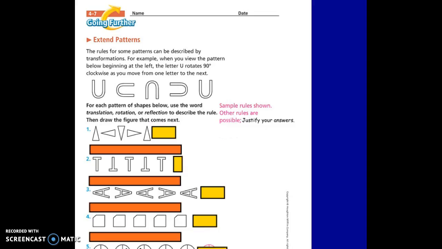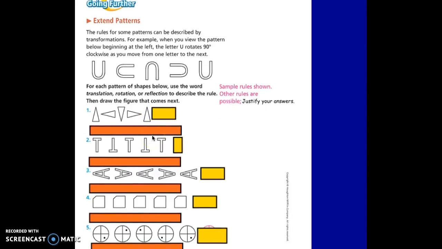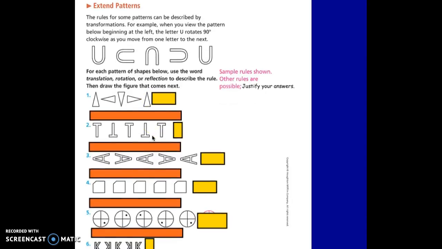All right, so the only other thing that we're going to discuss is extending patterns using those transformations. So first you have to decide what transformation it is, and then sometimes how many degrees it moved. So if I'm looking at this image, I've got to figure out what is happening here.